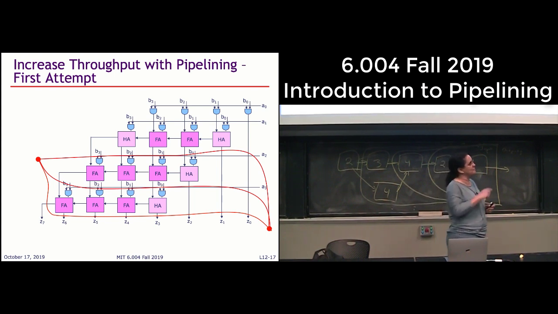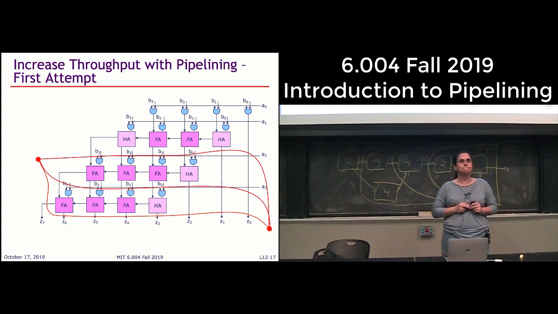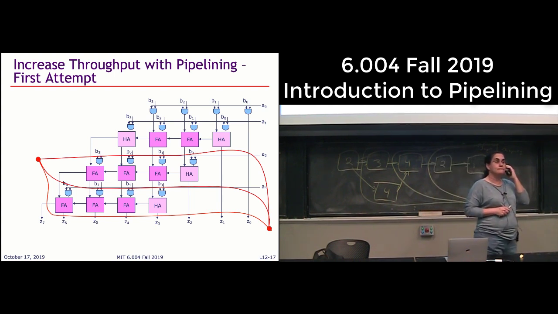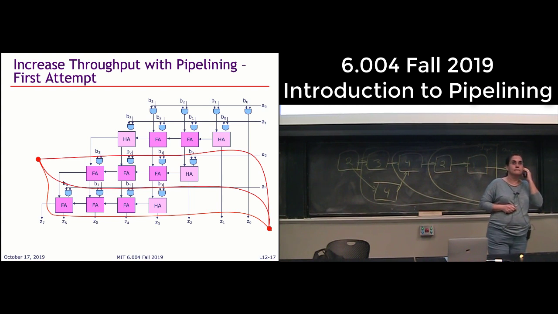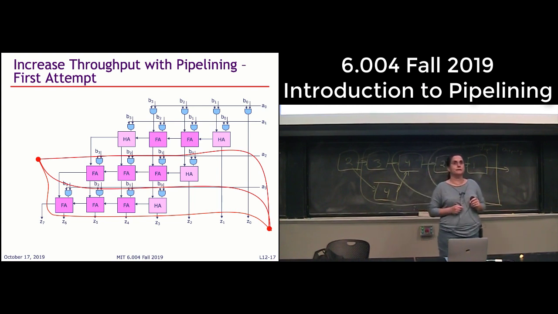Okay, so it's a valid pipeline, but what's the clock period at which I can clock this pipeline? In terms of the clock period of a single full adder. So if a full adder takes 1 nanosecond, could I set my clock to 1 nanosecond for this circuit? No. Why not?